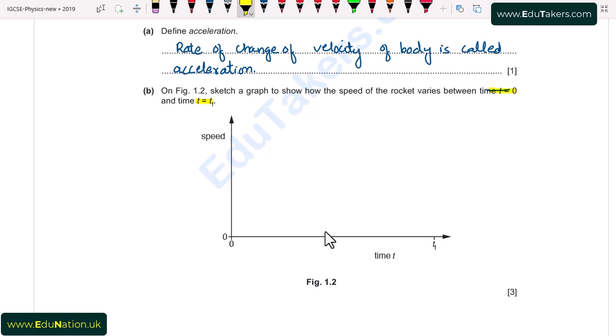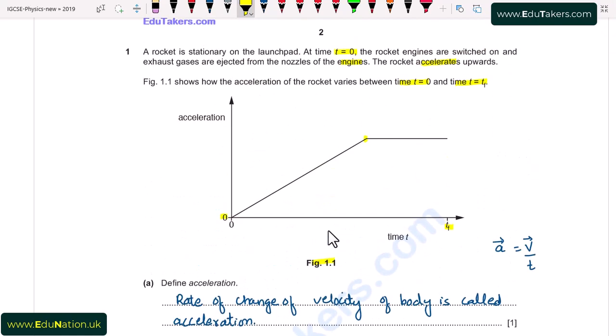So going back to Figure 1.1, if I consider this point A, and this point B and C, we can see that from point A to B, the acceleration of the rocket goes on increasing. And from B to C, the acceleration of the rocket is constant. It means that its acceleration is not changing.